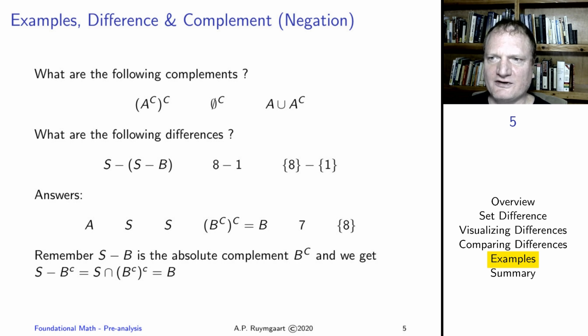And by our definition of the difference, these are all the elements in the first set that are not elements of the set that we're subtracting. So we just end up with the set with the number 8 again, because the element 1 is not included in our first set. So this subtraction has no effect at all.